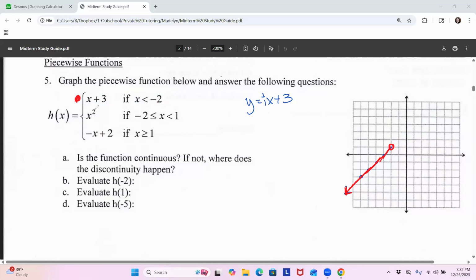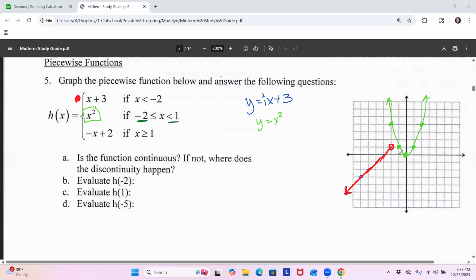Alrighty, let's come to the middle one, x squared. So again, just graph it. Y equals x squared. That's a parabola that starts at the origin. 1 squared is 1. -1 squared is 1. 2 squared is 1, 2, 3, 4. -2 squared is 1, 2, 3, 4. And then it would be a parabola. Arrows on both sides. But that was only true for -2 to 1.